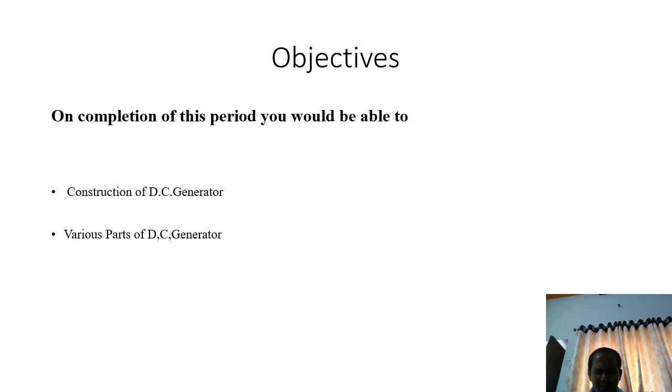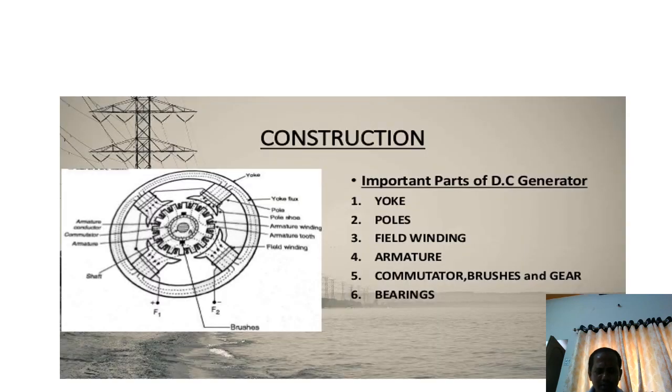Function of each part of DC generator. It consists of: one is yoke or magnetic frame, pole cores and pole shoes, field windings, brushes, brush bearings, end covers, armature core, armature winding, commutators, shaft.